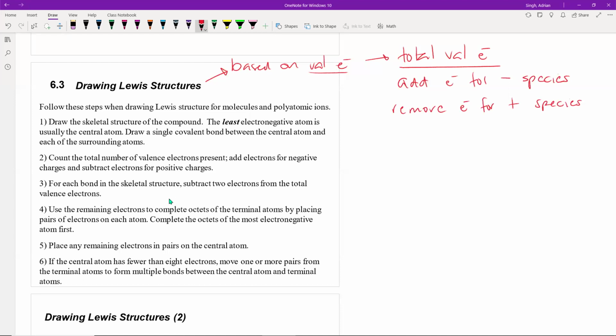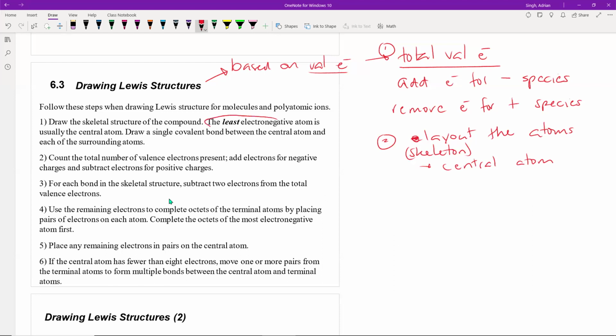Okay, so the first thing we want to do is count the total number of valence electrons. Then we're going to orient or organize or lay out the atoms in a way that makes sense. We want to have a skeletal arrangement of the atoms. What goes in the middle? That's the first thing, right? Decide what the central atom is, around which all the other atoms will be arranged.